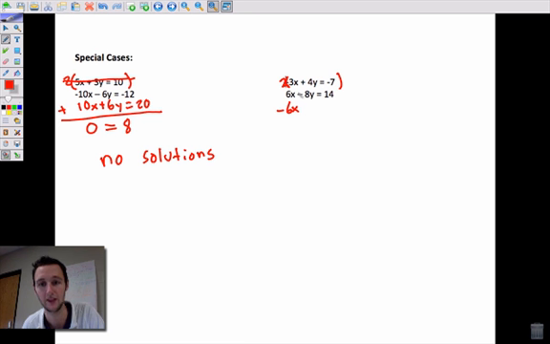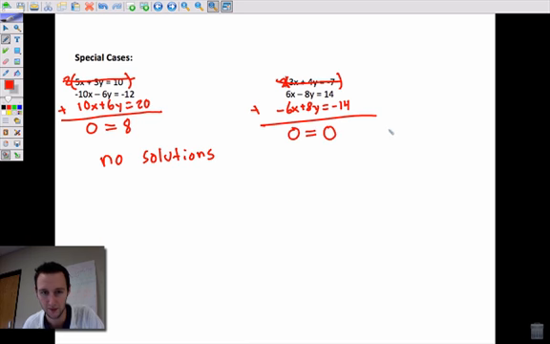And that looks like a good thing at the beginning, because we've got a positive 6x and a negative 6x, and those will cancel each other out. But then we've got this 2 times a 4y, which is plus 8y, and equals negative 14. So we'll go ahead and add those together.